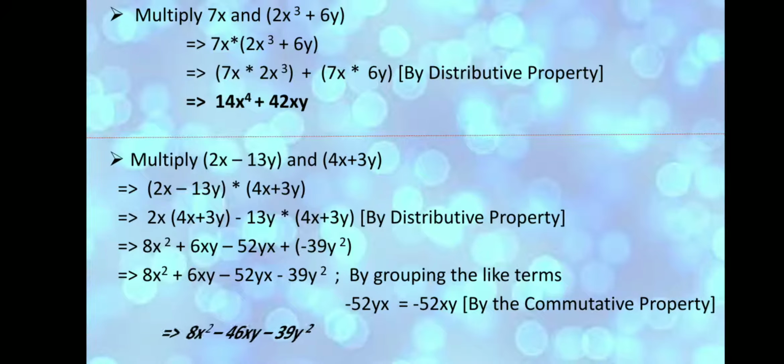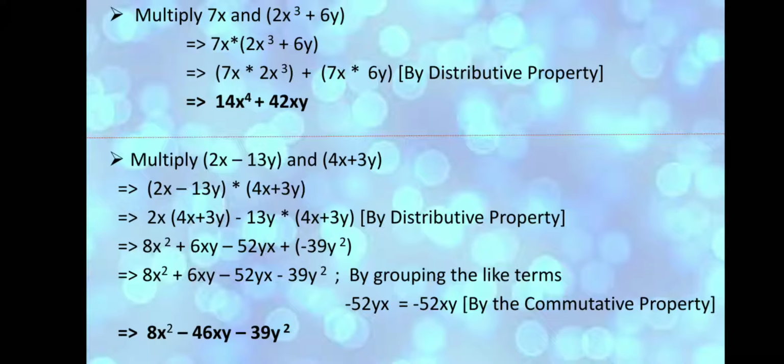You will get 8x square minus 46xy minus 39y square. So we added plus 6xy and minus 52yx, by which we got minus 46xy. So now your final answer is this.